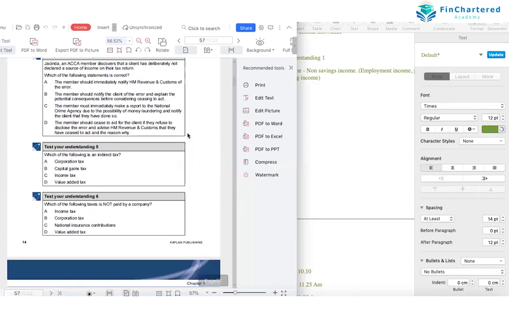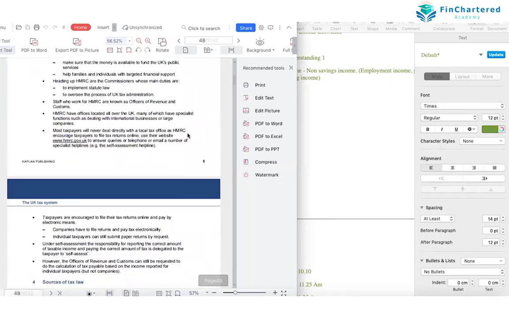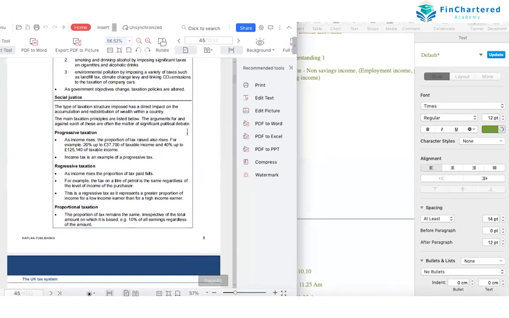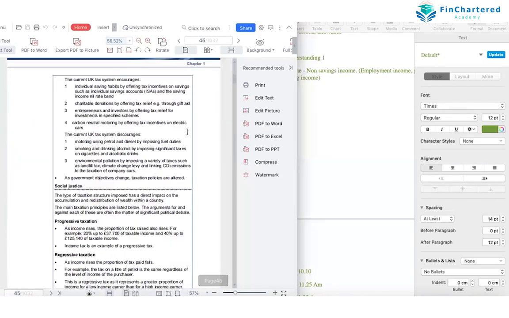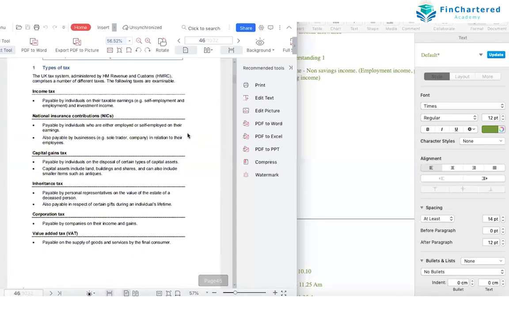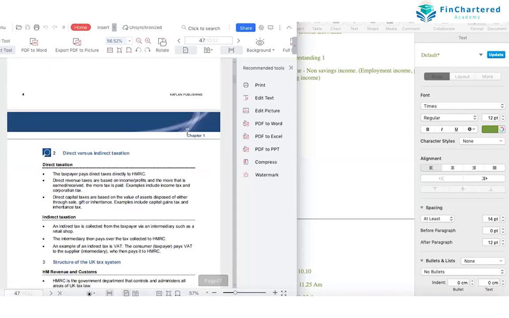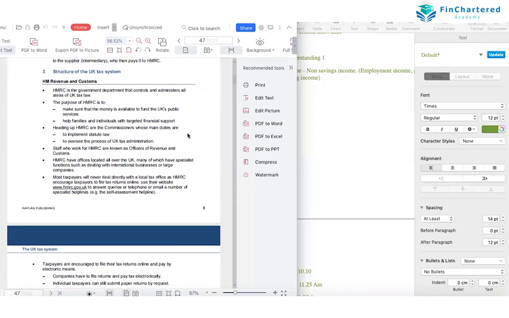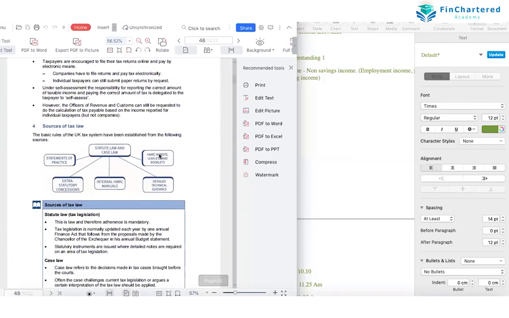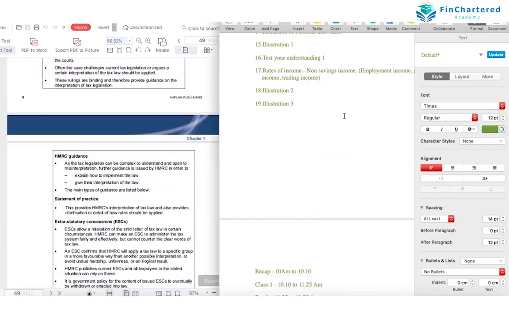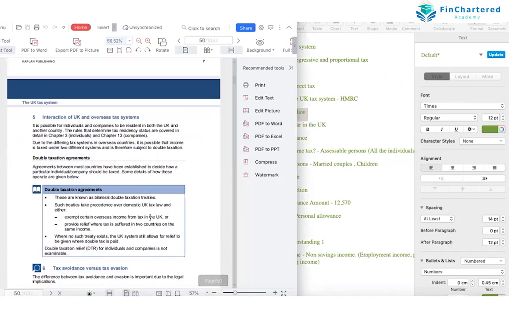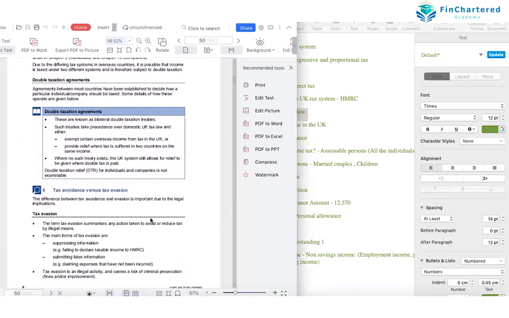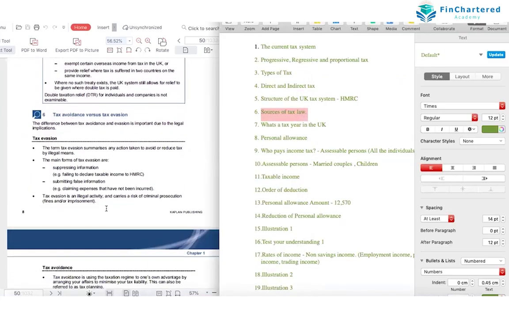For example, the first chapter was on why we do taxation, the different types of tax that you have to study, direct versus indirect tax, structure of the UK tax system, sources of tax law. We've done this in detail, in the first class. Then we looked at tax avoidance and tax evasion.